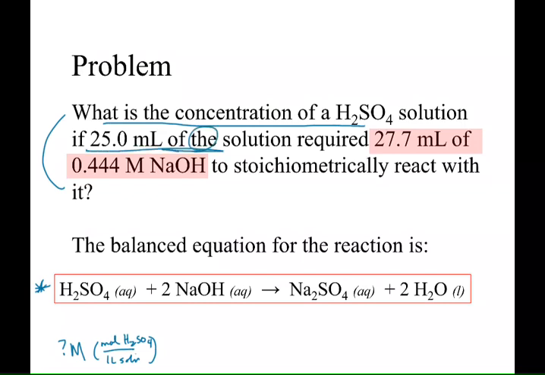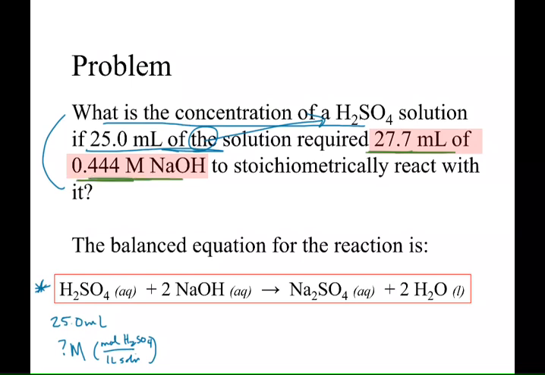And the "of" here means that, of that solution. So the volume of my H2SO4 is 25.0 milliliters. What else I got? If 25.0 milliliters of solution required 27.7 milliliters of 0.444 molar NaOH.